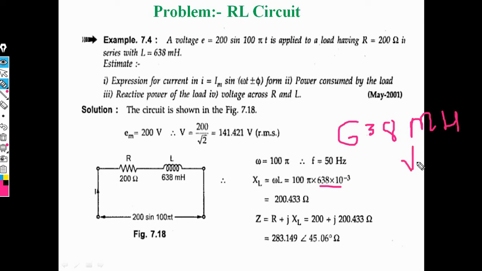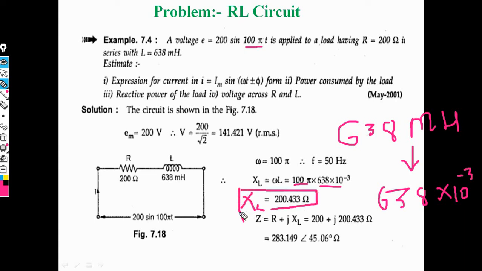It is converted into Henry, where milli means 10 raised to minus 3. So XL is equal to omega L is equal to 100 pi into 638 into 10 raised to minus 3. Then we have obtained XL.